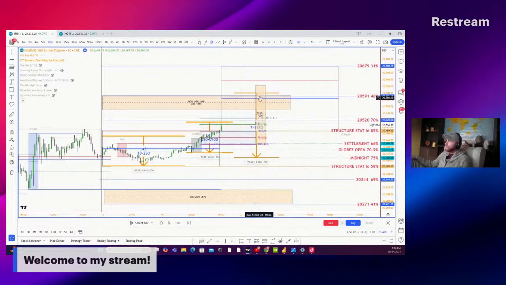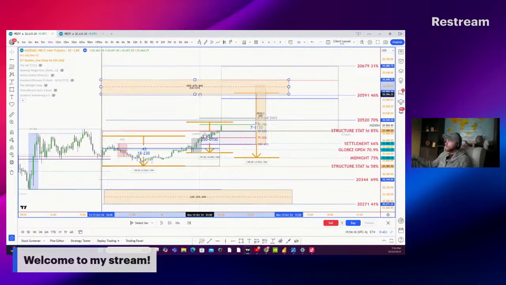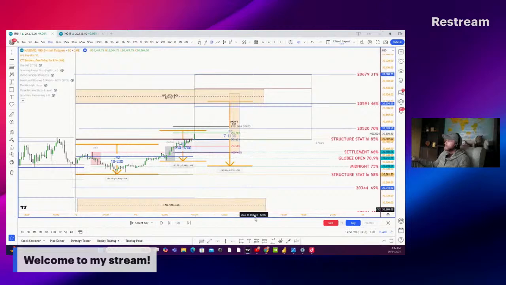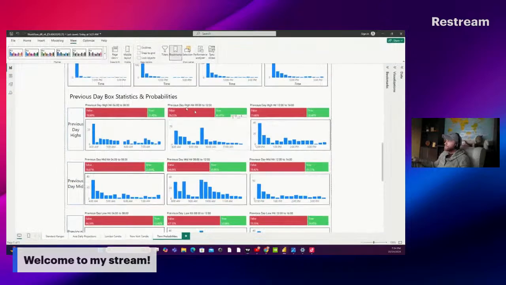Because we already have two different statistics, 9:30 to 10:30 and this 7 to 11:30 distribution, trumping this high of the day, we're going to give these two statistics a trump card. I'm going to move it to the upside to account for it. All right, so now we're going to go back to our statistics.